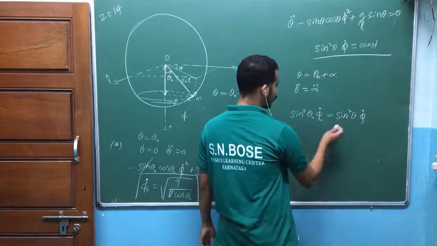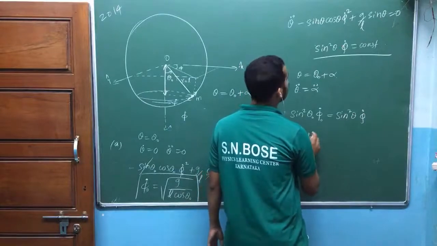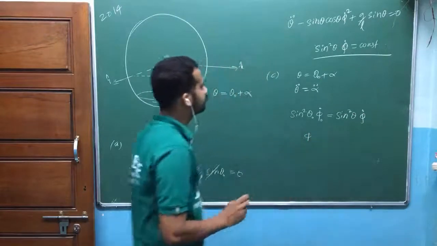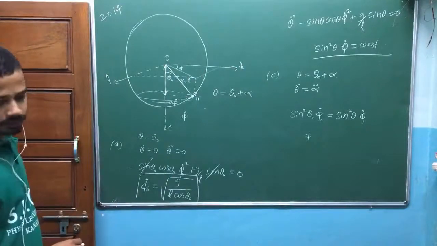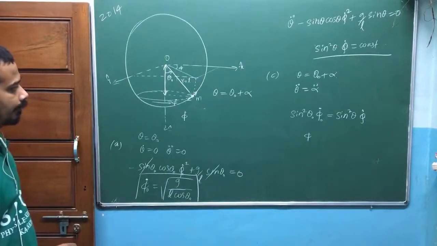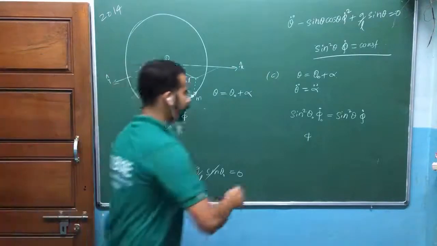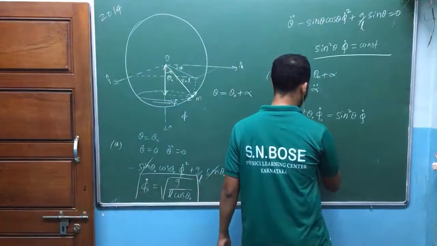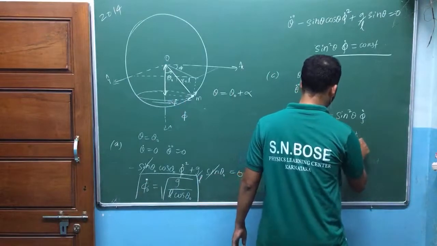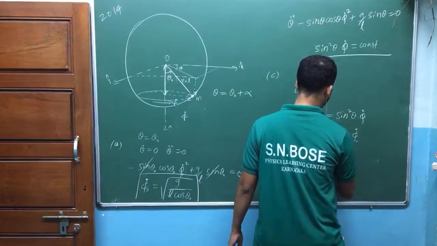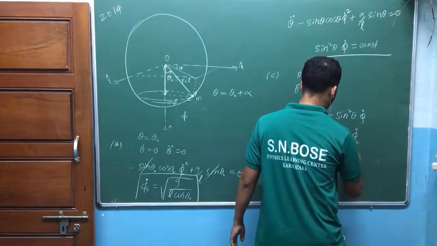Look at here. What I need is phi dot square. Am I right? What is phi dot? Phi dot is sine square theta naught phi naught dot whole divided by sine square theta.